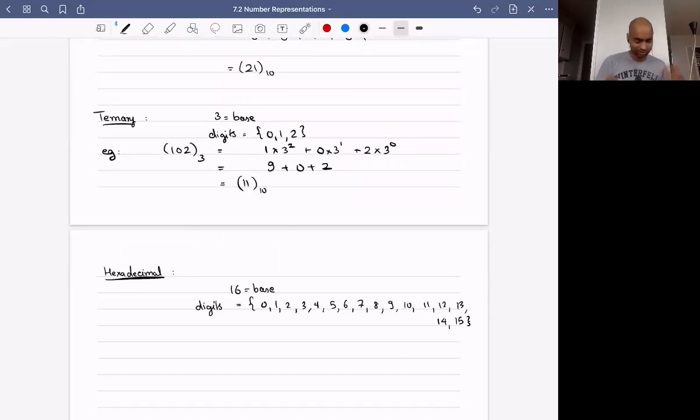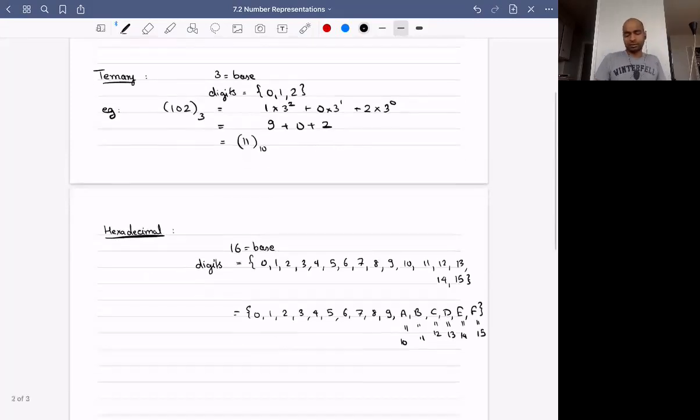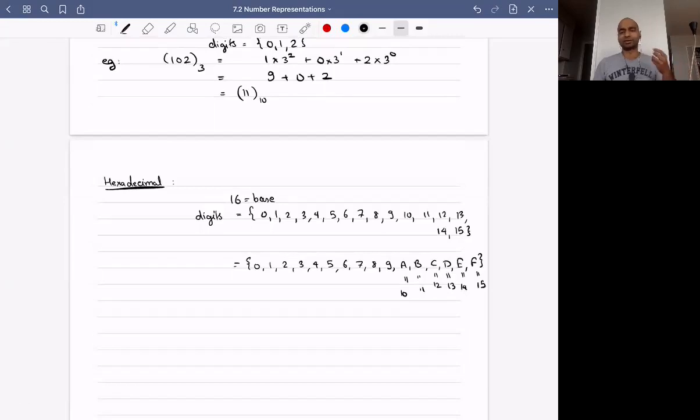So this is not actually the digits that are used for hexadecimal, because hexadecimal is very common in programming and it's annoying to have to bracket things every time. So what we do instead is we keep the first 10 digits and then we start using letters: A, B, C, D, E, and F. A stands for 10, B stands for 11, C stands for 12, D stands for 13, E for 14, and F for 15. They are just substitute placeholders for the double digit numbers.